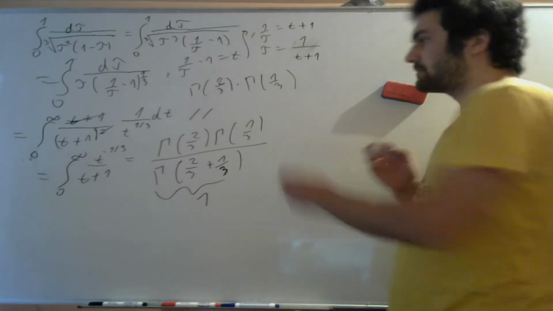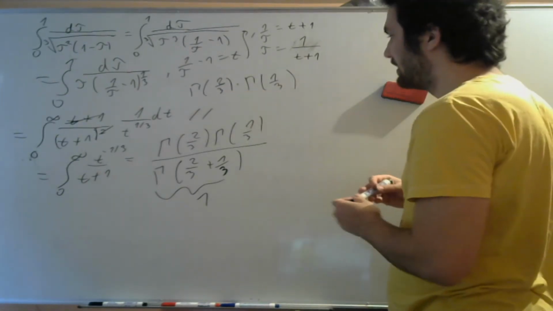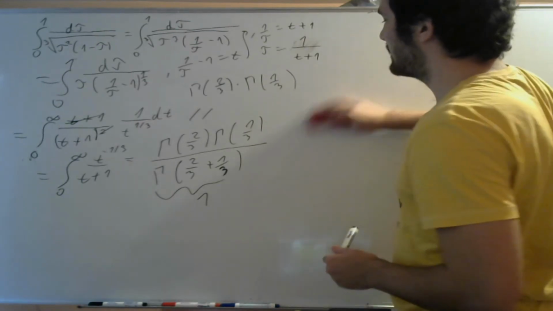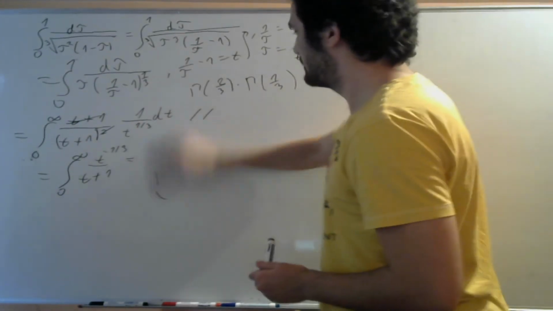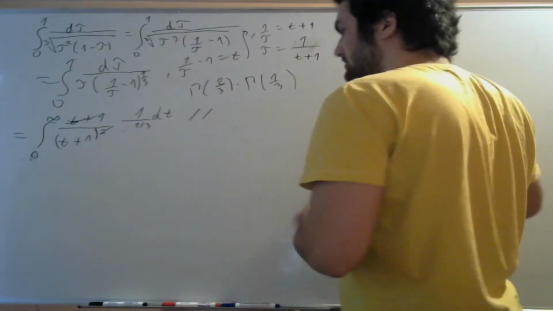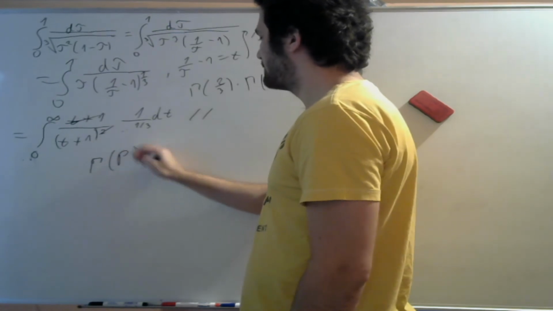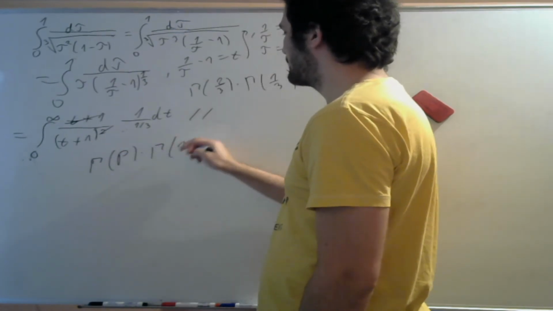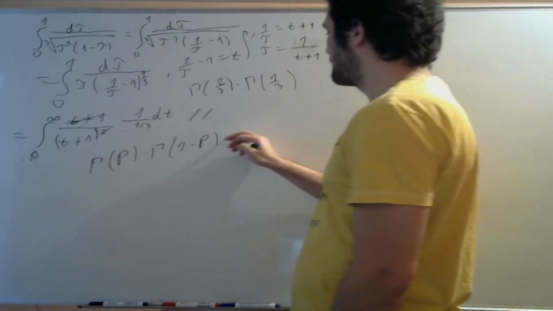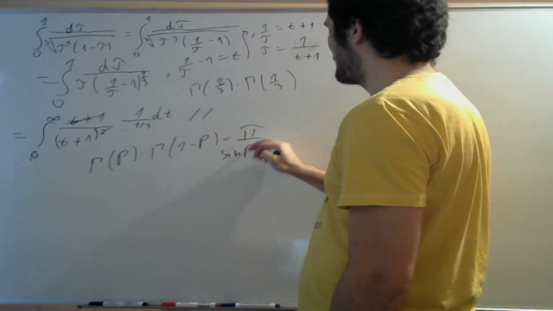And now how will we solve for this? This is just a constant, but we can find it. Let me show you how. So let's erase this part. We really don't need it anymore. Let's recall this identity. Gamma of p times gamma of 1 minus p equals pi over sine of pi p.